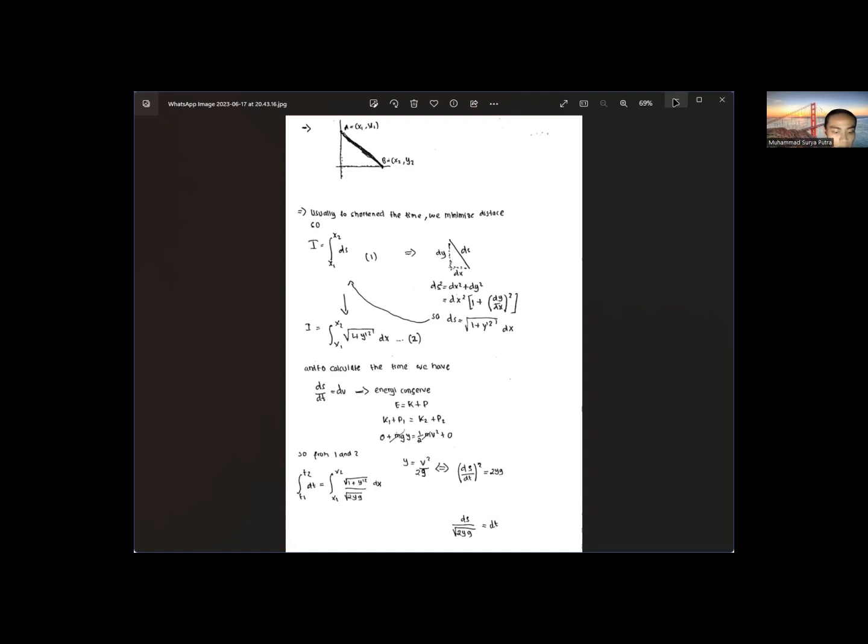So let's calculate the integral using Simpson's 1 per 3 method. As we know before, we already knew the equations to calculate the integral with Simpson's 1 per 3 method.